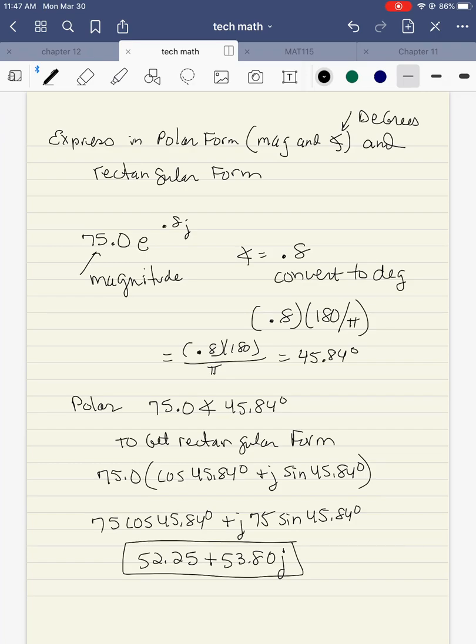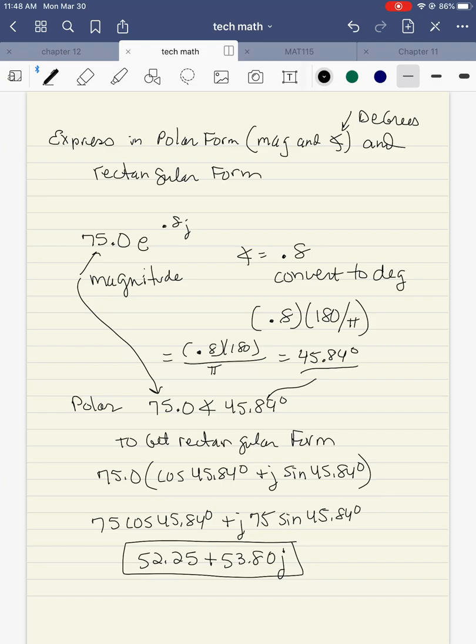However, the 0.8 is a radian number, so I want to convert that to degrees. So now I'm going backwards. So I take 0.8 times 180 divided by pi, and that gives me approximately 45.84 degrees. So the polar form, I pretty much just take the magnitude, put it in front of the angle sign, and put my correct measurement that I just calculated as 45.84.